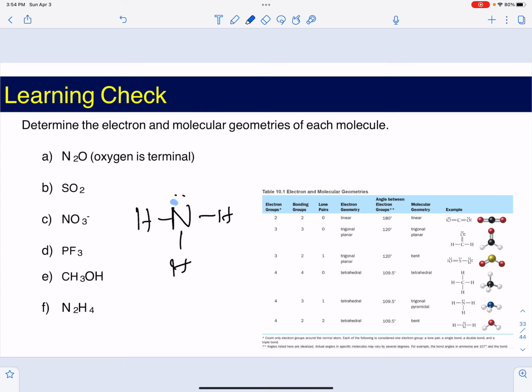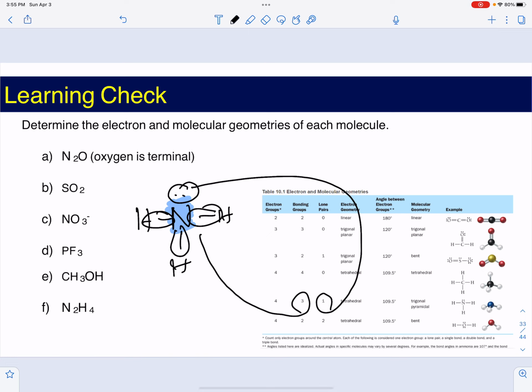Then we look at the central atom and we say 1 lone pair and 3 bonding.